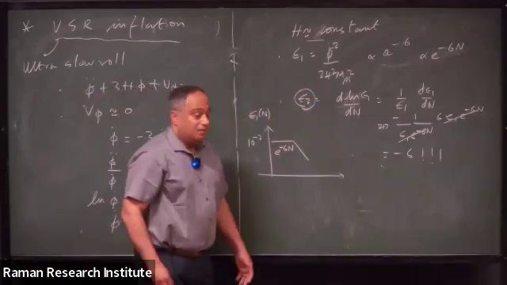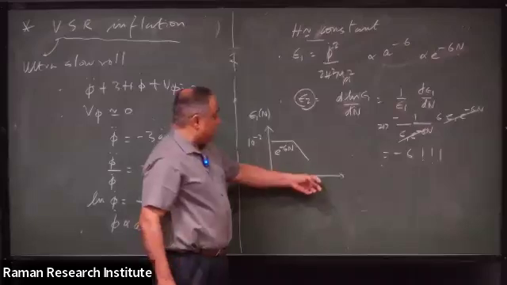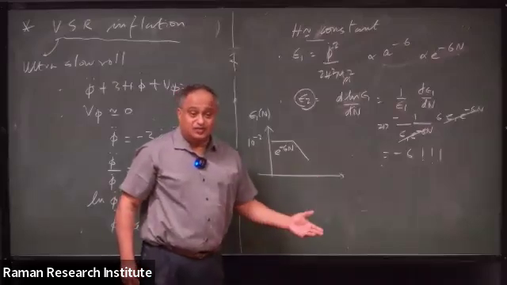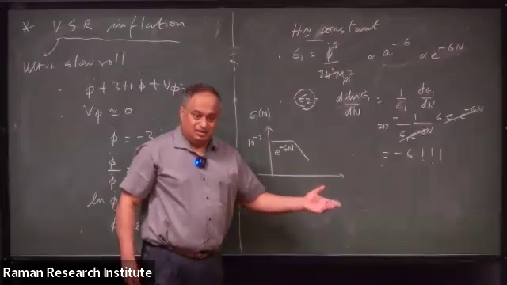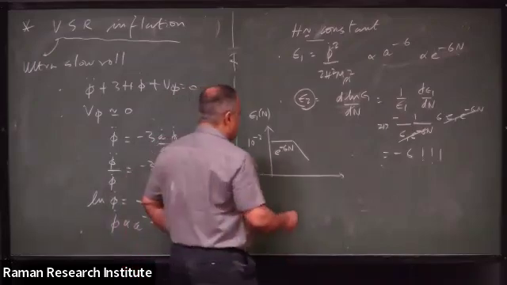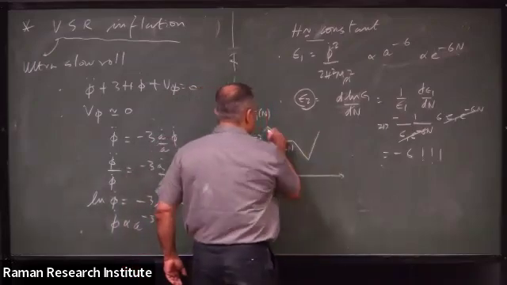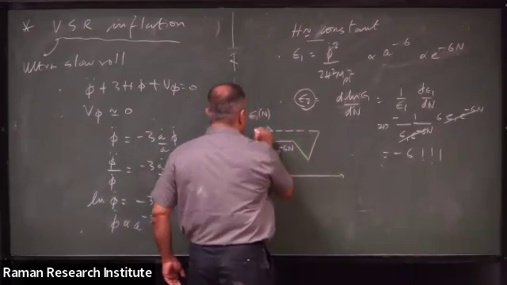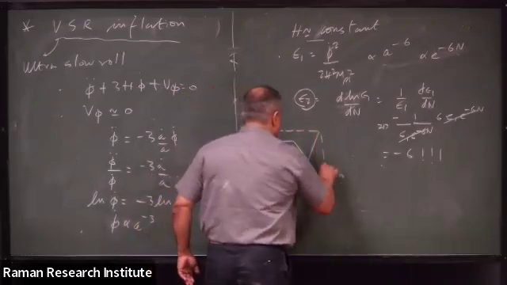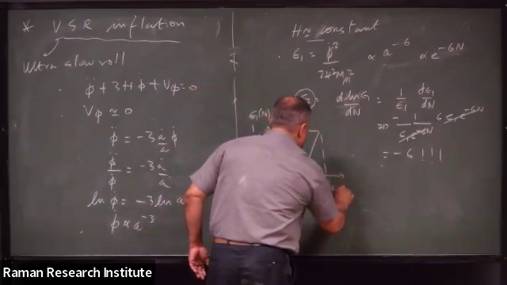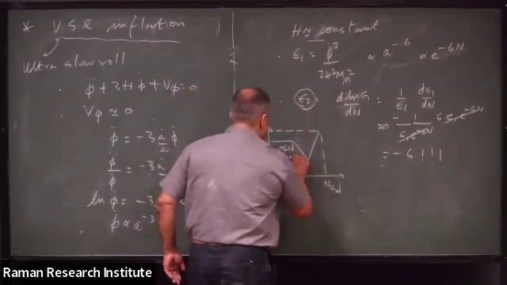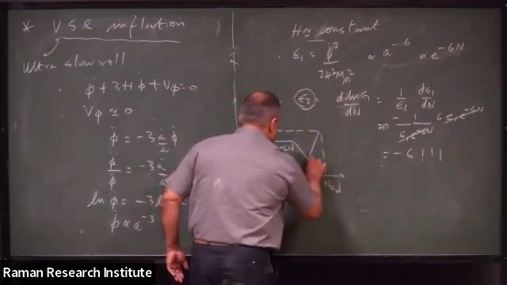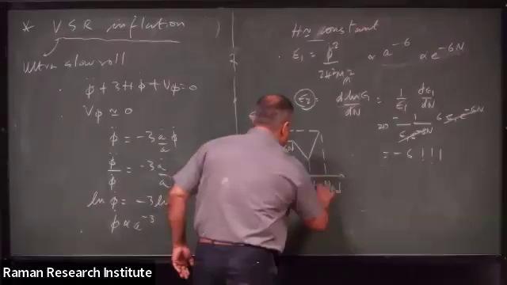But if it continues to go as e to the minus 6N, inflation will never end, okay? So I need a scenario where it comes down and inflation ends at epsilon 1 of 1, okay? So this is N, okay? This is some transition where N1, okay? This is N2, okay?